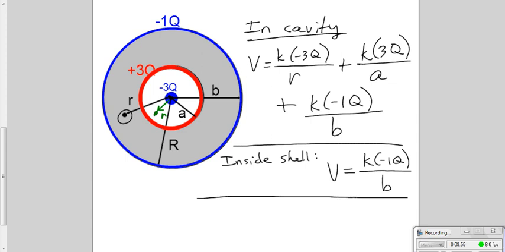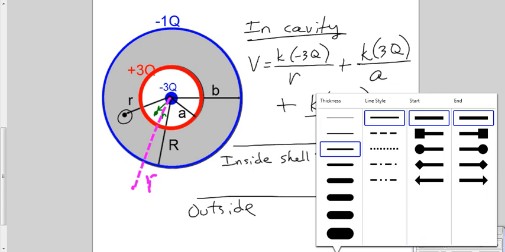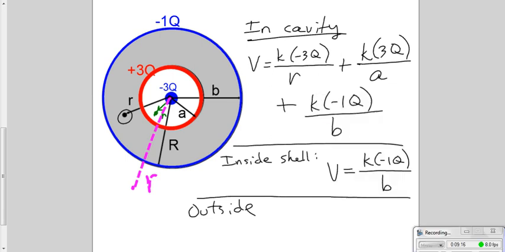And what happens when we're outside the shell? Draw a little dot here. Perhaps I'll use something like purple. And we'll call that our distance R. And again, now we're going to appeal to that idea that once we are outside of a shell, we can look back and treat all of the charge as though it's all concentrated at the middle.